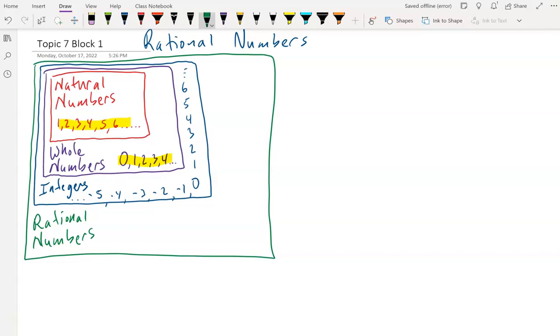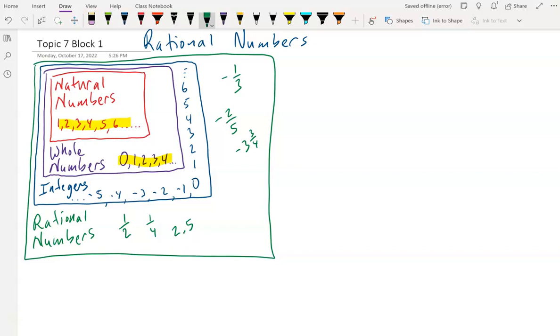Whole numbers are inside the box of rational numbers. Integers are part of that. But rational numbers also include things like the stuff that's in between the integers and the whole numbers and the natural numbers. Stuff like 1/2, 1/4, negative 1/3, negative 2/5. How about negative 3 and 3/4? So it includes fractions.